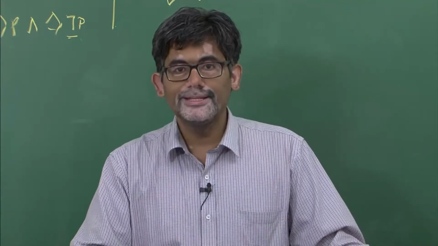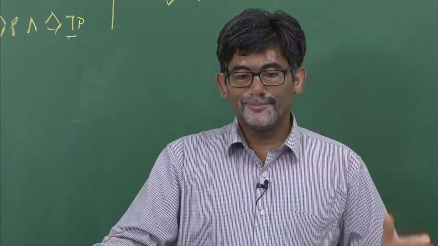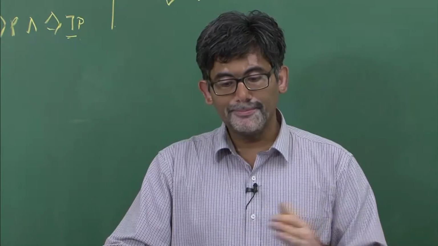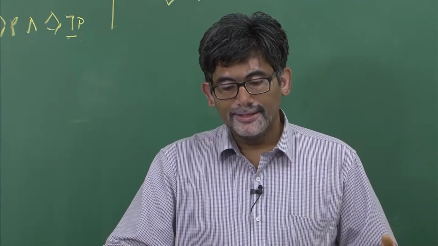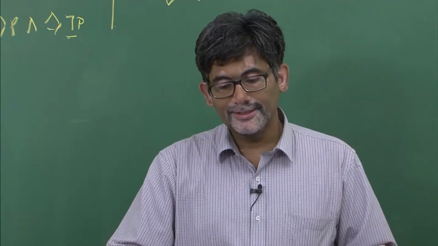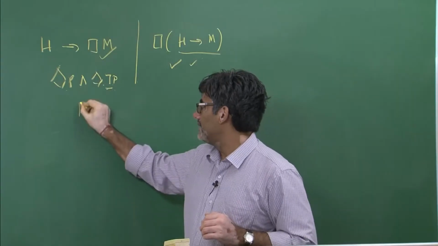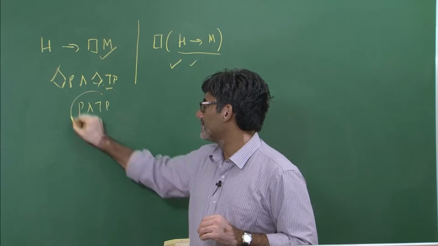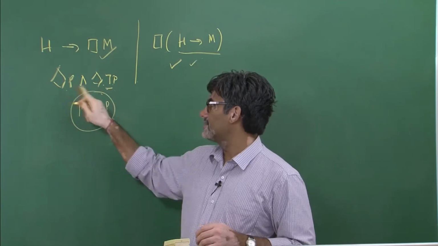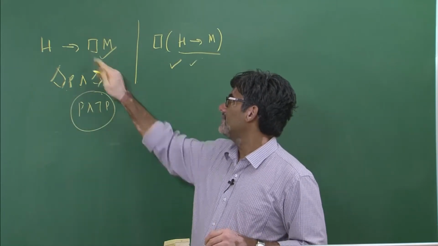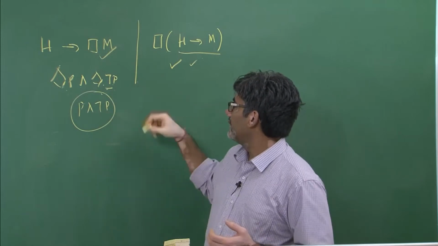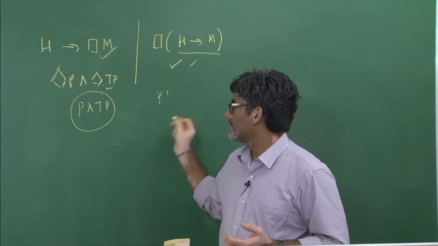If you do not make this distinction of possibility of P, necessity of P and P, then in classical logic possibility of P and possibility of not P is simply viewed as this, because it does not make any distinction between possibility, necessity and something which is considered to be actual. So there is no such difference.